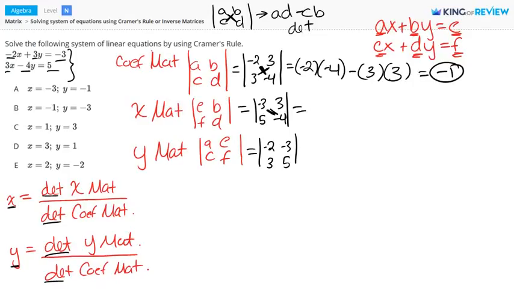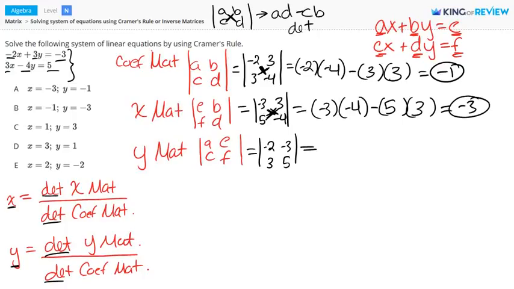We'll take the product of the main diagonal, -3 times -4, and then subtract the product of the entries in the other diagonal, 5 and 3. When you work this out, you get -3. And now for the y matrix determinant. We'll take the product of the main diagonal, -2 times 5, and then subtract the product of the entries in the other diagonal, 3 and -3. When we work this out, we get -1.